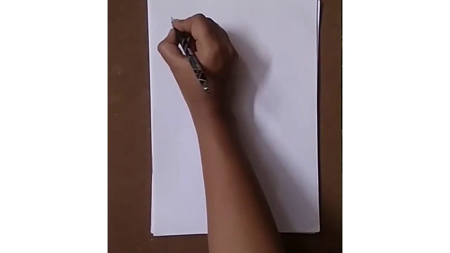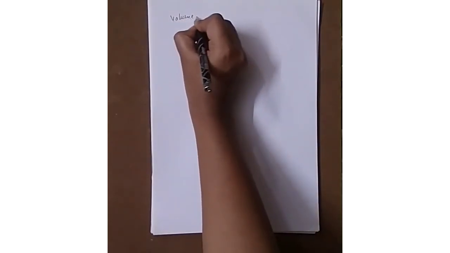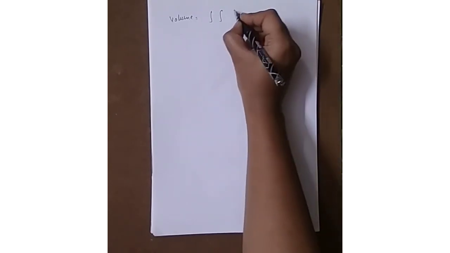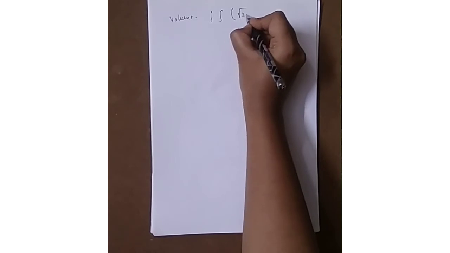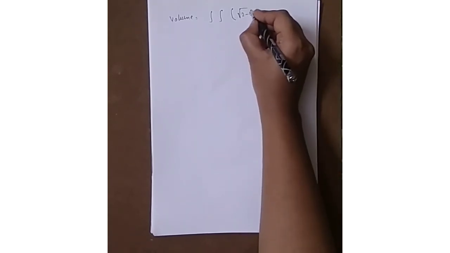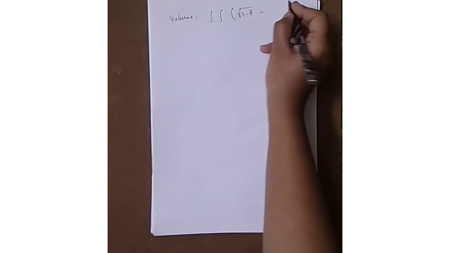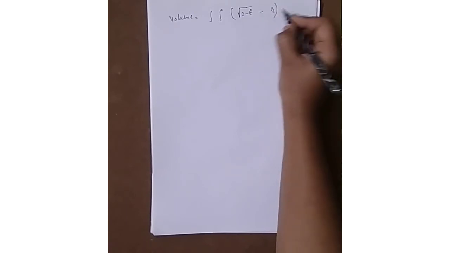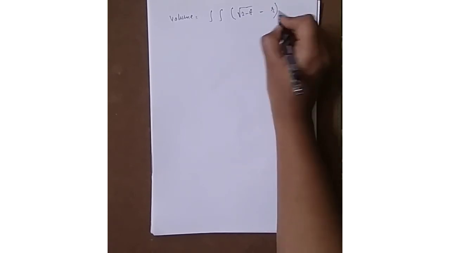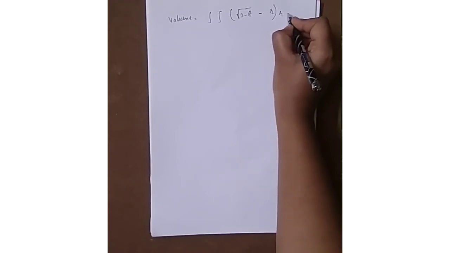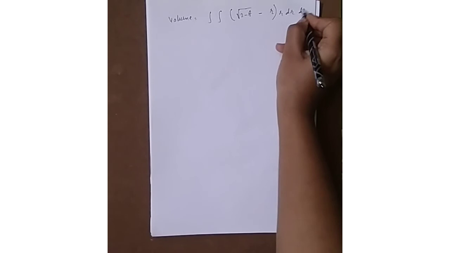So volume is equal to the double integration. First we have square root of 2 minus x square plus y square, so it gives r square, minus square root of x square plus y square, which gives only r, into the Jacobian. The value of the Jacobian in Cartesian to polar coordinates is r, into dr d theta.